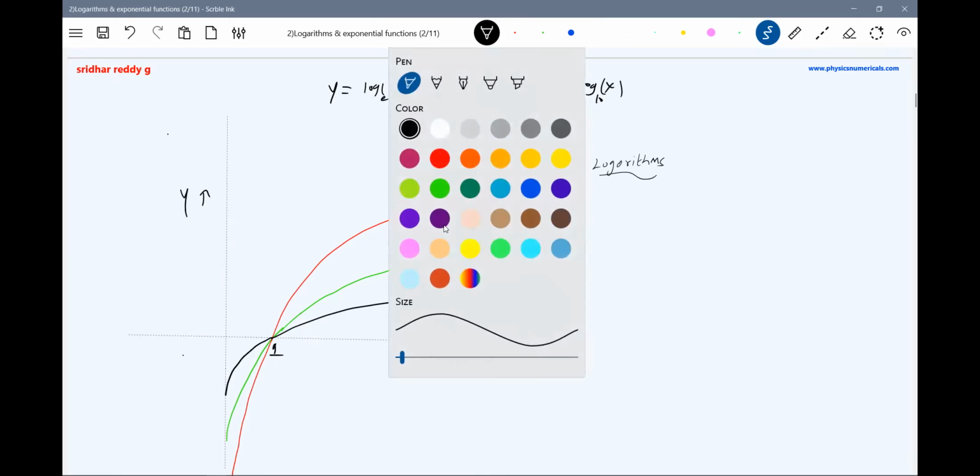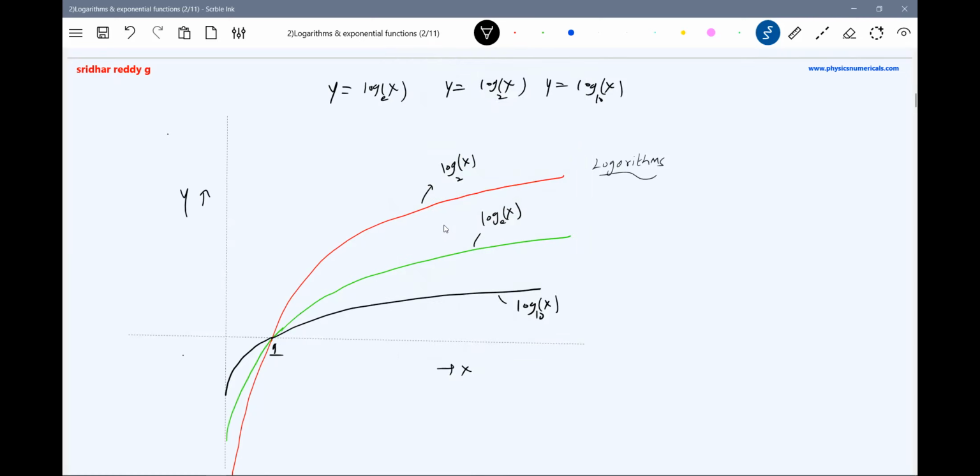Logarithms reveal the inputs that caused the growth. What about exponential?